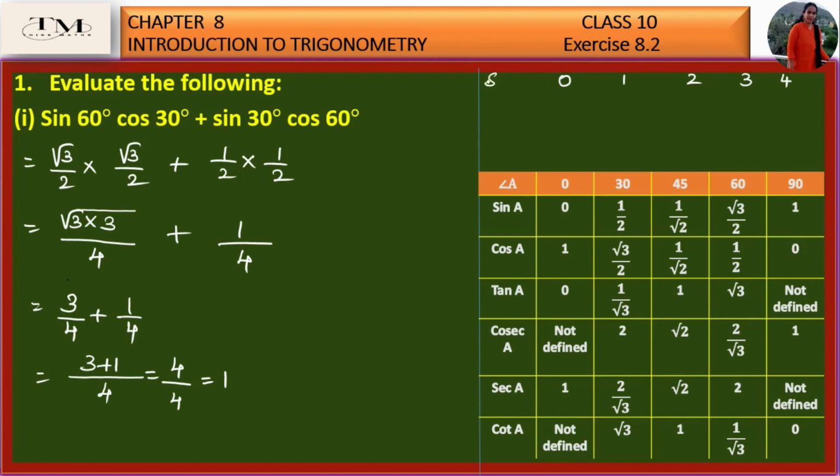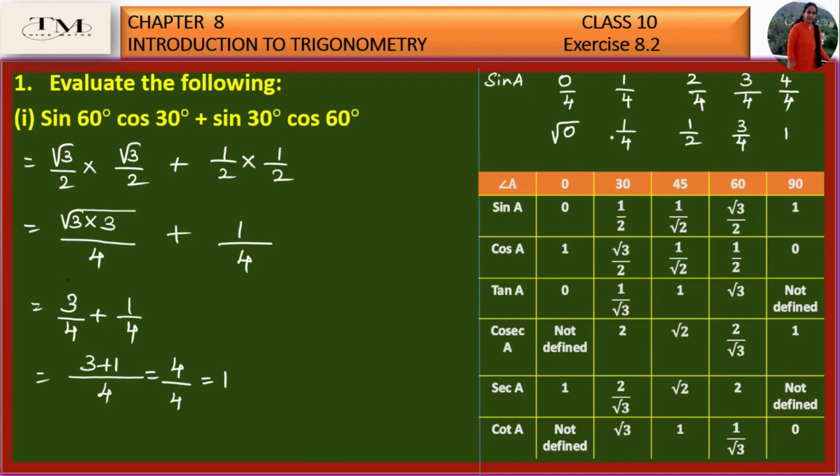Now divide them by 4: 0 by 4, 1 by 4, 2 by 4, 3 by 4, 4 by 4. 0 by 4 is 0. Write 1 by 4 as such. 2 by 4 is 1 by 2. 3 by 4 as such. 4 by 4 is 1.